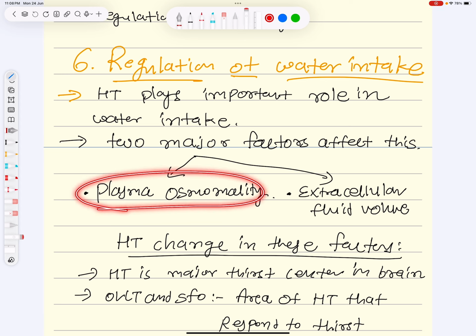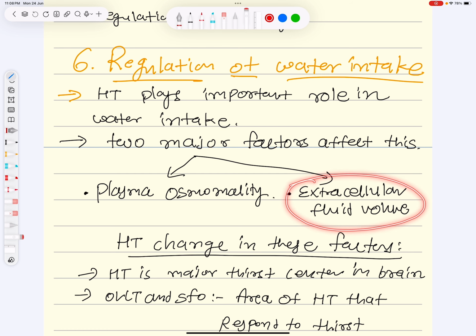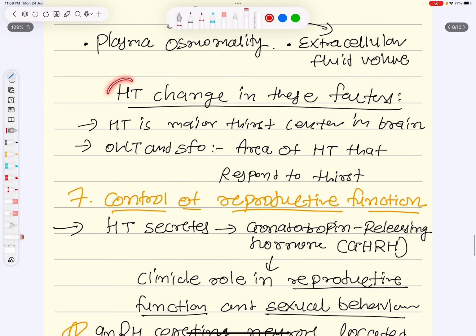First is plasma osmolality and extracellular fluid volume. The hypothalamus responds to changes in these factors. The hypothalamus is the major thirst center in the brain. Second, OVLT and SFO. These are the areas of the hypothalamus that respond to thirst.